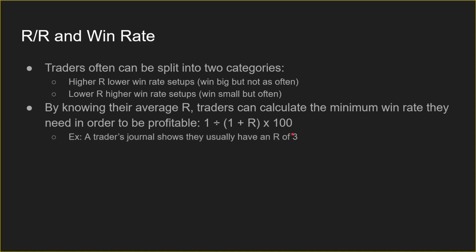So a trader's journal shows that they have an R of 3. So for every point of risk that they take on, they're standing to make 3 in reward. If we do the math, 1 divided by the sum of 1 and 3, which is 4, would be 0.25, multiplied by 100 gives a 25% win rate.